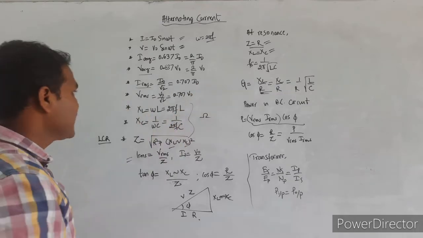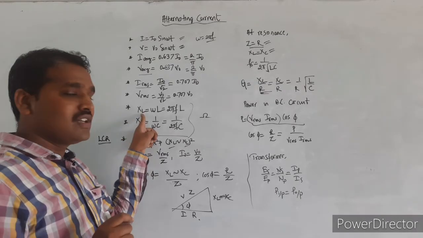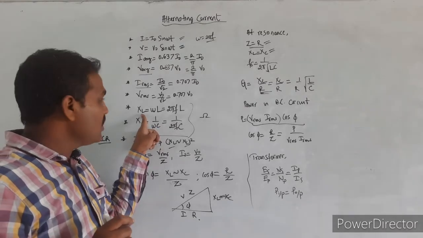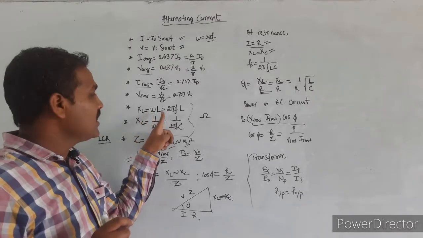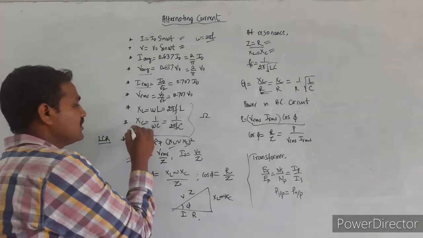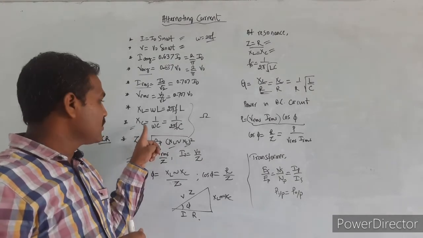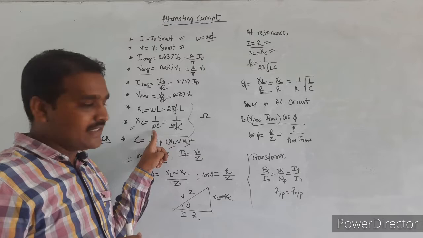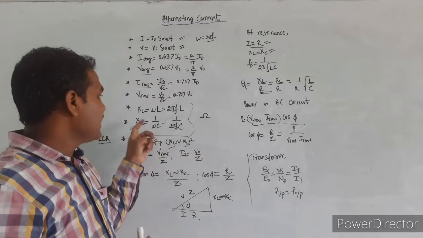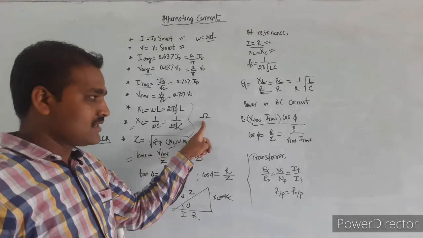When I consider the pure inductor circuit, for a pure inductor the inductive reactance XL is equal to omega L, that is 2 pi f L. For the capacitor, the capacitive reactance is equal to 1 divided by omega C, that is 1 divided by 2 pi f C. The unit of XL and XC is the same as the unit of resistance.